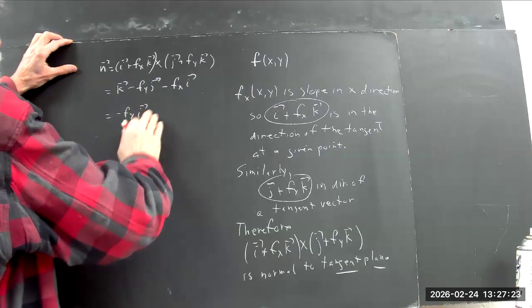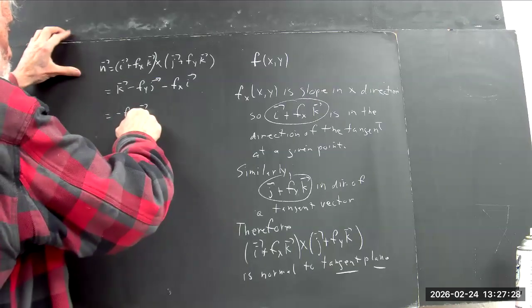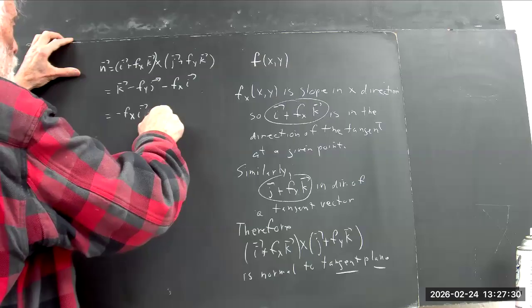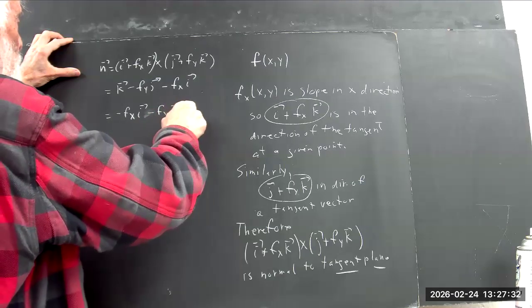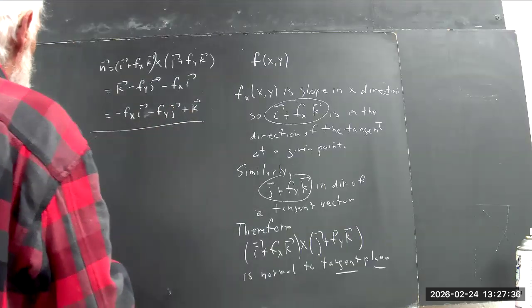Putting these in the order x, y, z, or i j k, it's negative fx i minus fy j plus k.